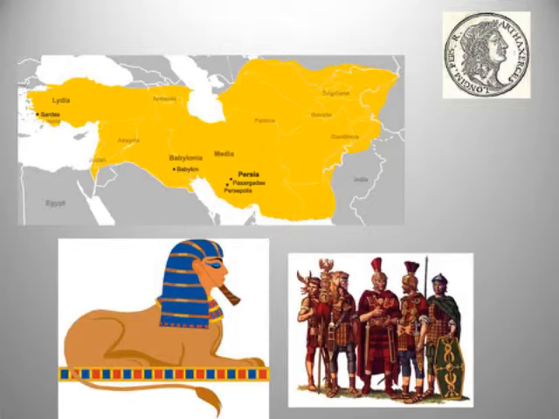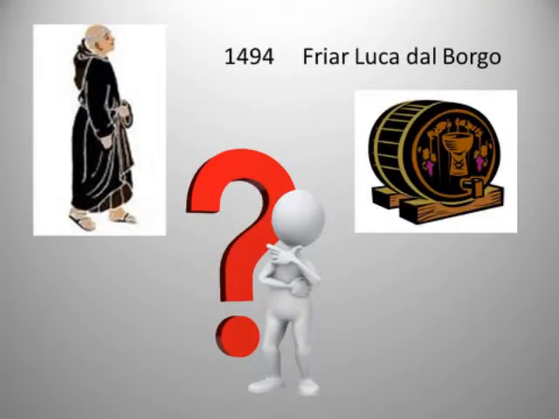Accounting was first invented by the Persians 3,000 odd years ago. Later it was taken to Egypt and then to Rome and the Roman Empire, and eventually we end up with a monk in about 1490, a monk in a monastery in northern Italy, and he has been given the job of accounting for the wine sales.